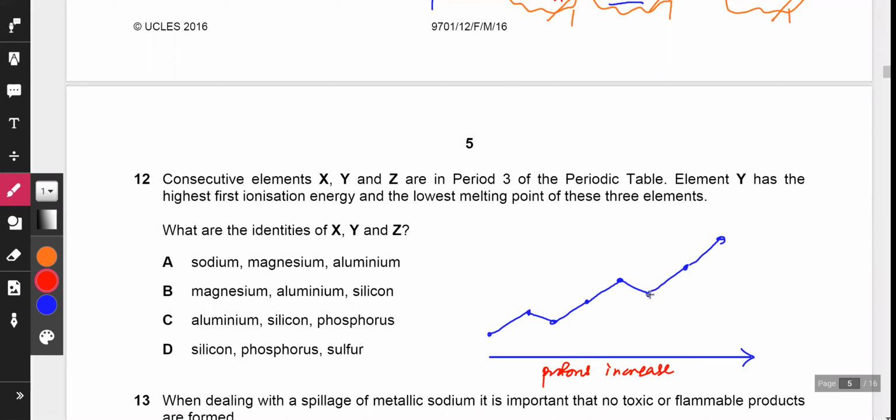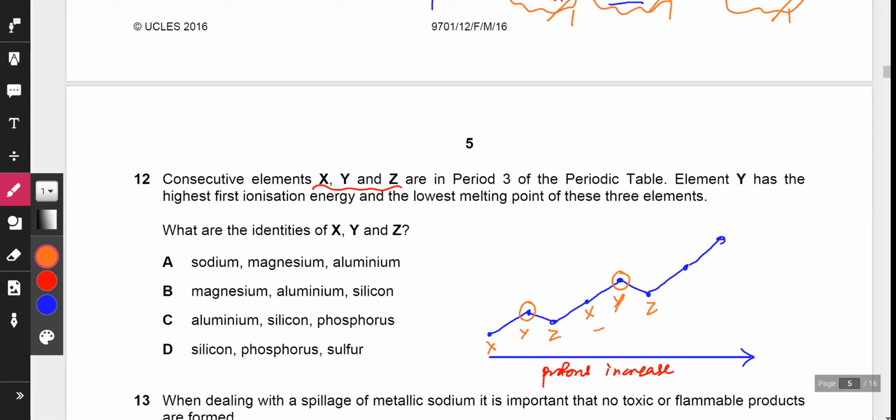Anyways, the question is that three consecutive elements X, Y, and Z. The middle one has the highest ionization energy. So you have a couple of options. The middle one has the highest. It's either going to be this one or it's going to be this one.